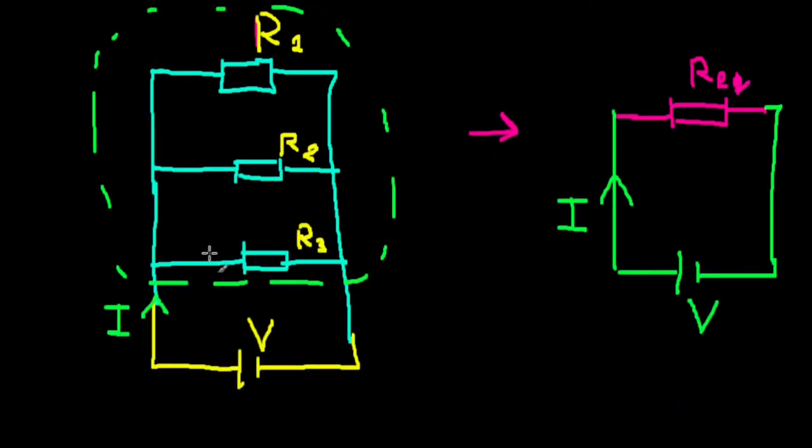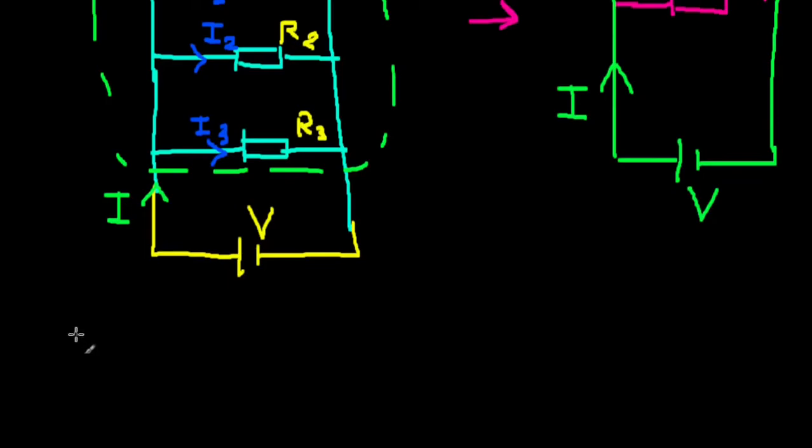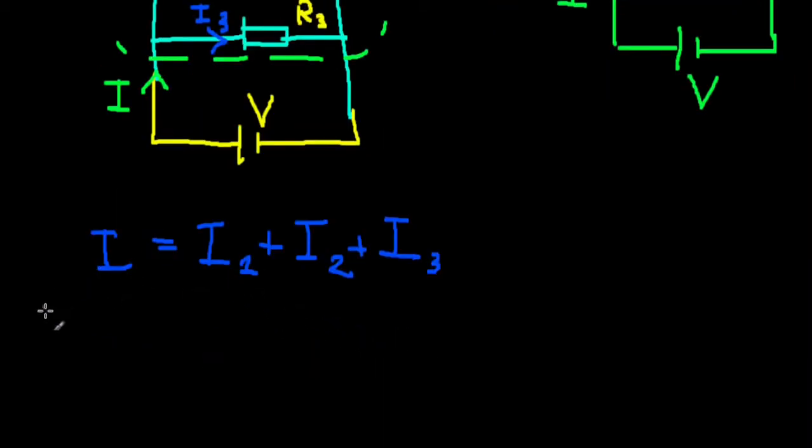So if this is I1, this is I2, this is I3, what we'd have is I equals I1 plus I2 plus I3, right? Now let's divide by V.